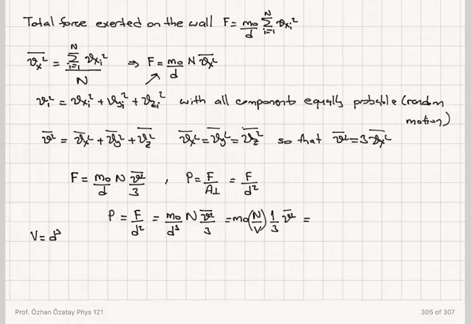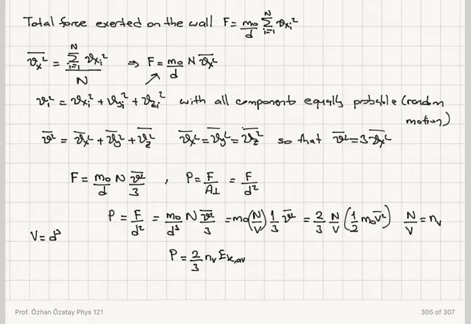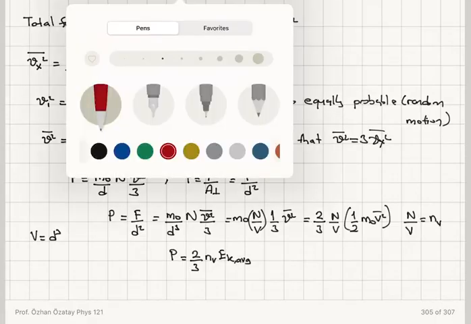So I can say that this is 2/3 N over V 1 over 2 M0 V square bar. And N over V is called number density, N sub V. So it's the number of molecules per unit volume. So I can write this as the pressure exerted by the gas molecules on the walls of the container is 2/3 number density times the average kinetic energy per molecule.